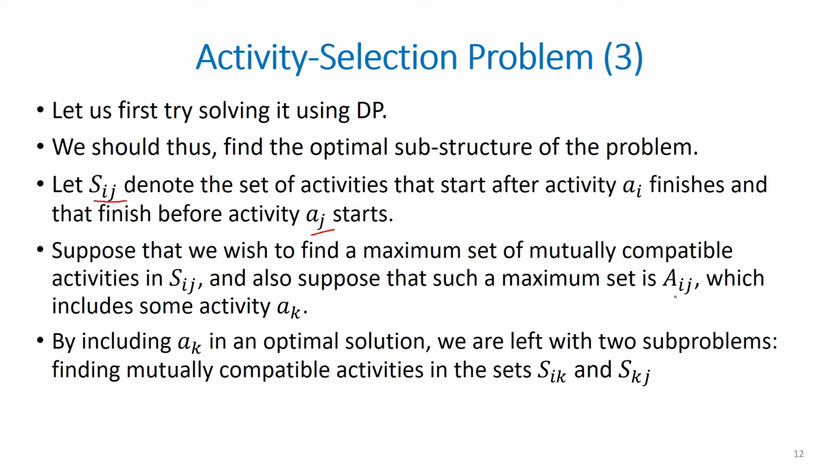Let's call that set A_ij, which includes some activity A_k in it. So by introducing this arbitrary activity A_k in A_ij, we have broken our problem into two subproblems. That is, finding compatible activities in subsets S_ik and S_kj.